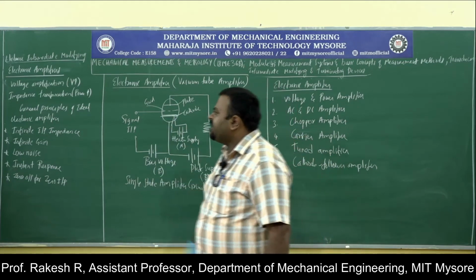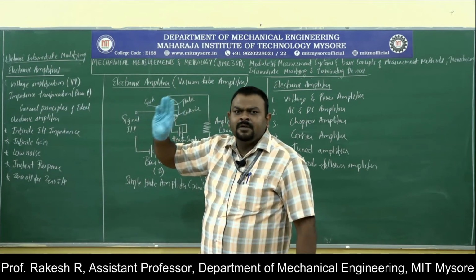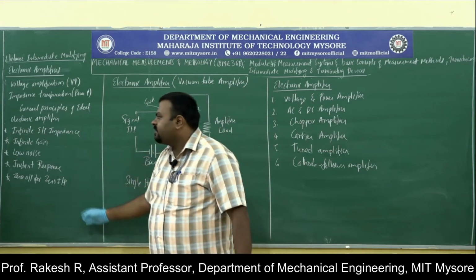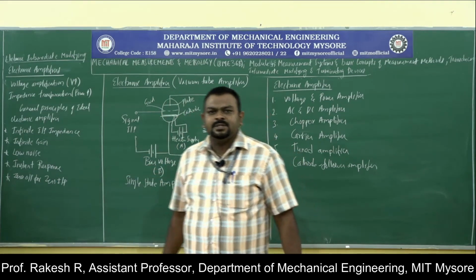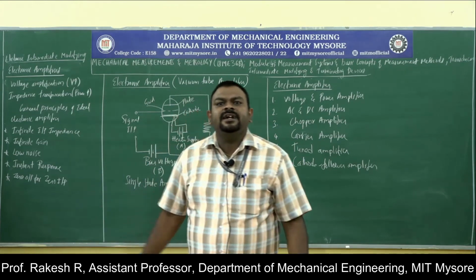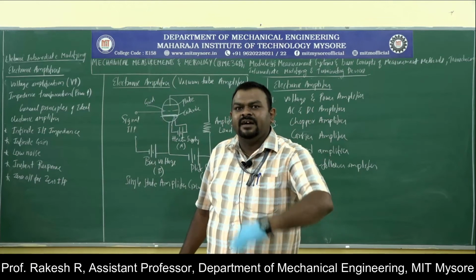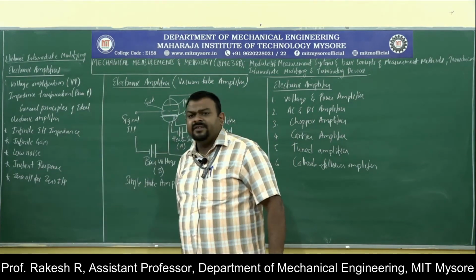Let us see the general principles of an ideal electronic amplifier. If they ask in the exam, what are the general principles of an ideal electronic amplifier, you have to write this. Number one is infinite input impedance. That means it may have infinite resistance. The resistance will be high, because of which you can bring current to a very low value. That is one of the advantages. And infinite gain.